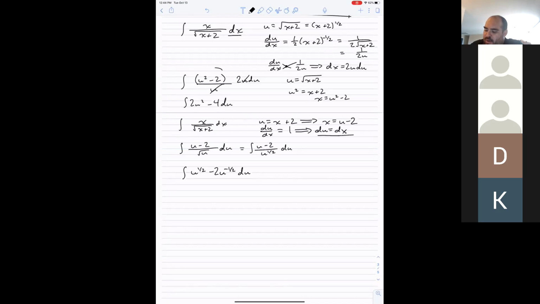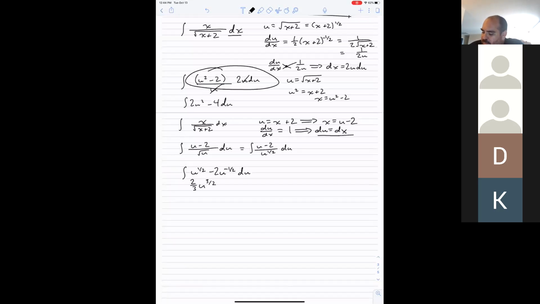Not this one right here, but this one is pretty simple, though I felt like it took a lot longer to get there. So what is the integral of u to the 1/2? Two-thirds u to the 3/2. 2/3 u to the 3/2.